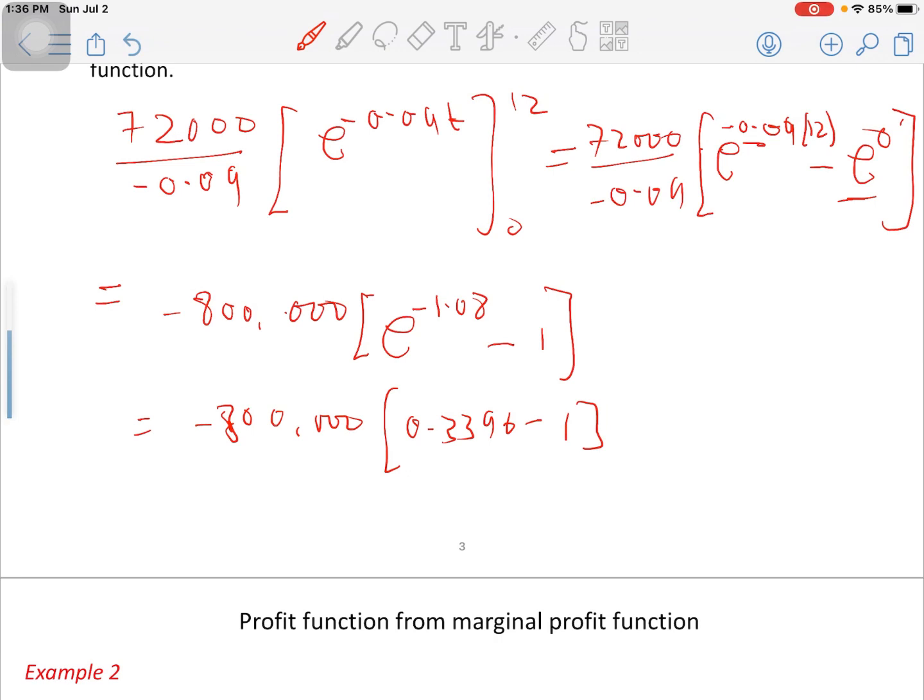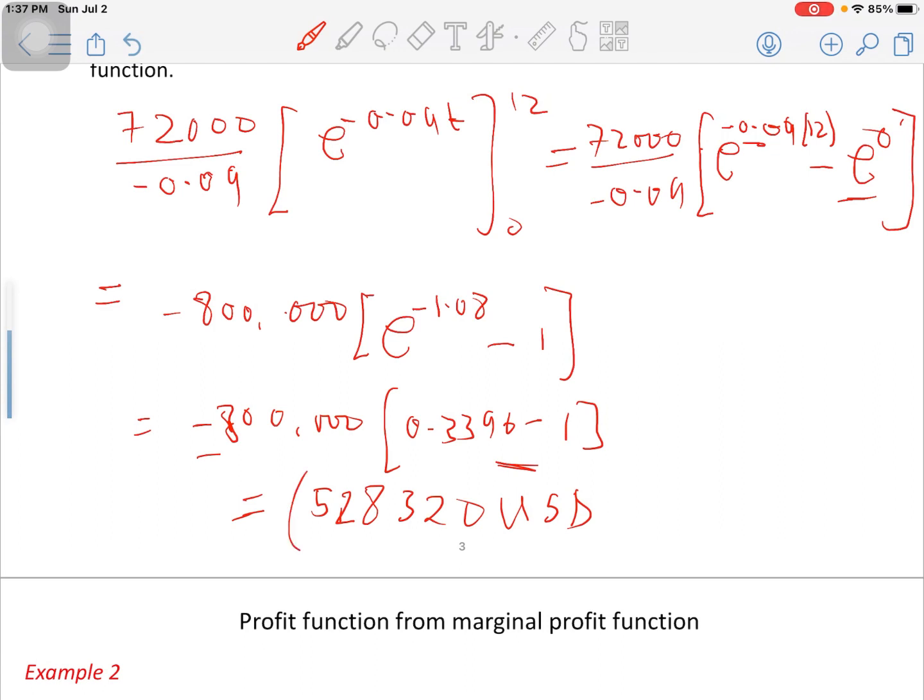And at the end of the day, here will be negative, the inside will be negative, so we multiply, we get positive. So at the end of the day, we are going to get 528,320 USD.